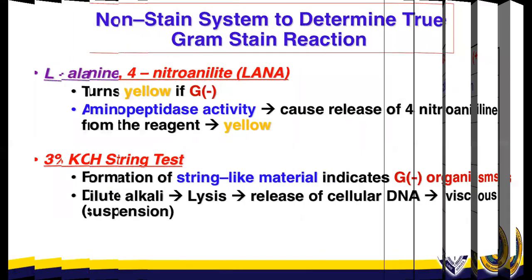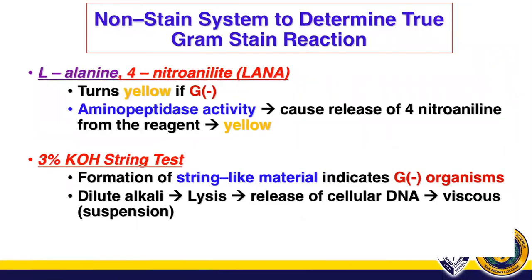Now, there are ways by which you can check the true gram staining reaction. So we have here 2 methods that are able to identify gram-negative organisms. So we have the LANA test.